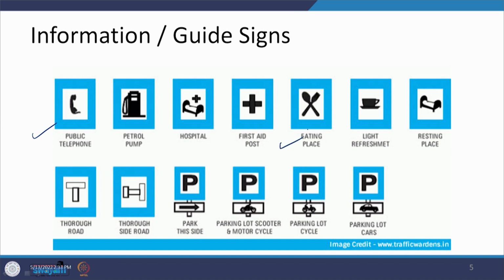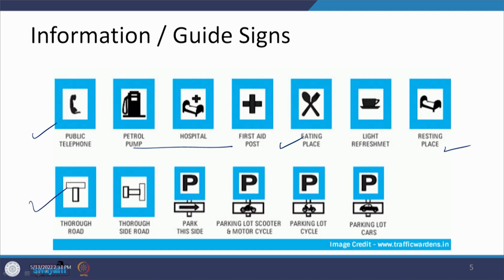Then an eating place is another sign. There can be a resting place, so there may be a motel or a hotel. That can also be identified by way of these particular signs.